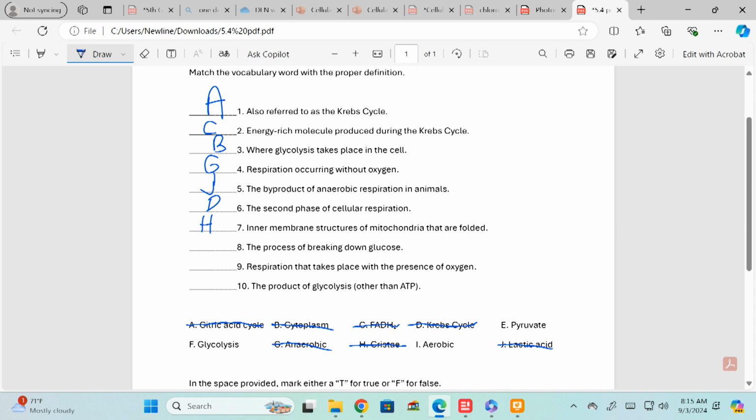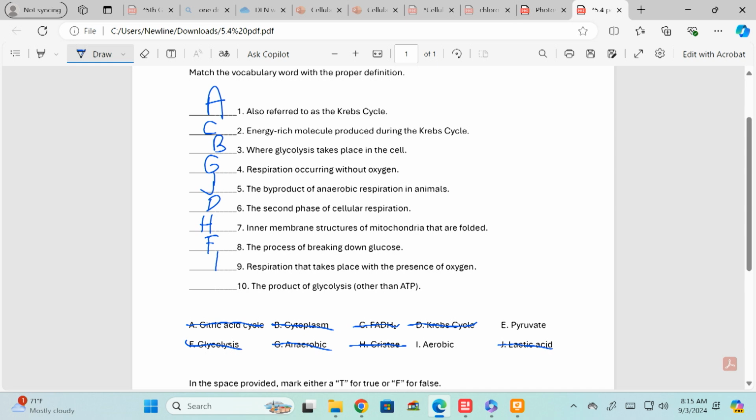Number 8, the process of breaking down glucose. What do we call breaking down glucose? That's called glycolysis, right? To split glucose is called glycolysis. Great job. Let's keep it going. Number 9, respiration that takes place with the presence of oxygen. So what is it called if we're using oxygen? That's called aerobic respiration.